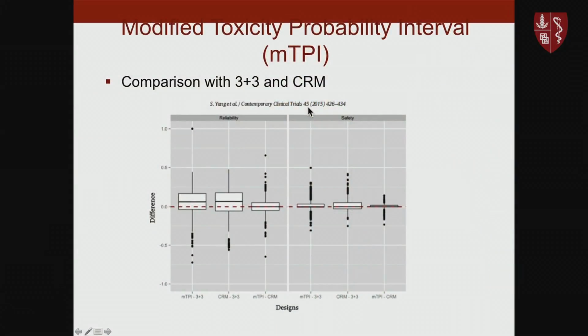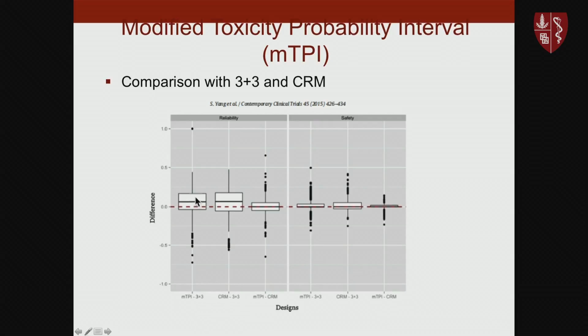And actually, this is one of the simulation studies by the group, where people used the website and entered their trials. The nice part of this software is that it gives you the MTPI design but also gives you the power model for the CRM. They show the difference of MTPI versus 3+3 and CRM versus 3+3.